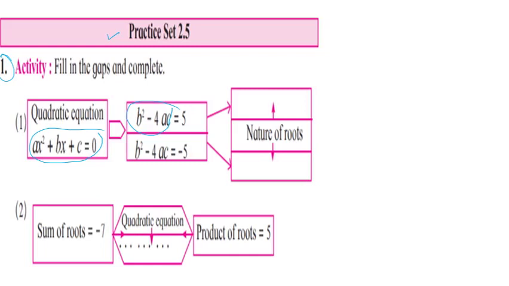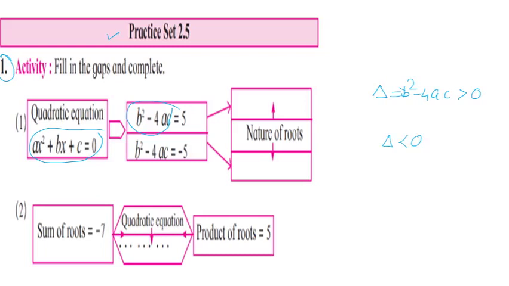By using this value of the discriminant, we have to determine the nature of the roots. We have seen the three conditions: if delta, that means b square minus 4ac, is greater than 0, then roots are real and unequal, and if delta is less than 0, then roots are not real.